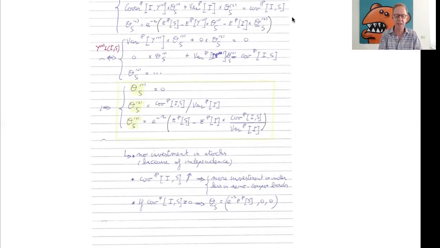If this is the case, then we do not only avoid investing in the stock, but we will also not invest in the index because the index is completely independent of the survival in the portfolio. And then we would invest everything in zero coupon bonds.